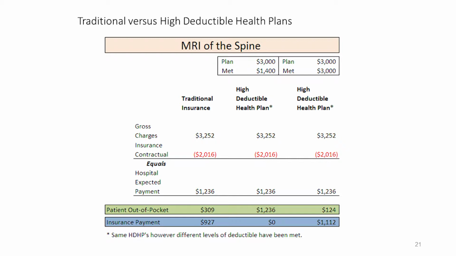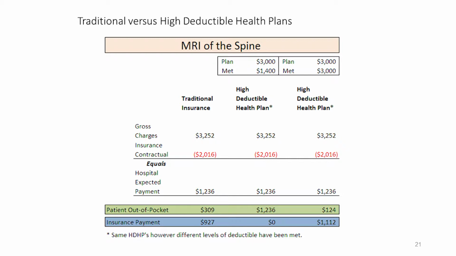So the hospital is contracted with the insurance company to get reimbursed $1,236. So under a traditional insurance plan, there's typically some portion of copay, 10%, 20%, 15%, that patient would be expected to pay. So in this circumstance, the patient would pay $309 out of pocket, and the insurance would cover $927.